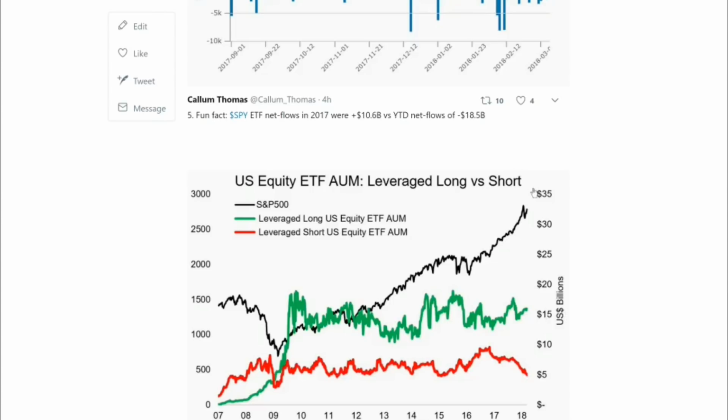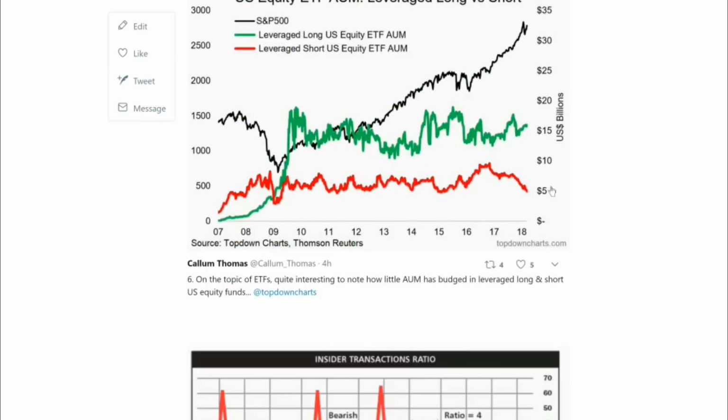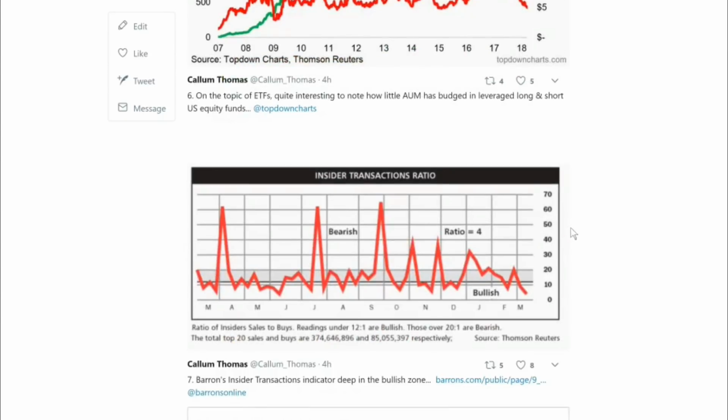It's one thing to take money off the table, to reduce exposure, but it's a very different thing to go outright short. And again, that speaks to the contrast with the short ETFs, which increased significantly after the 2015-16 corrections, because there was a bit more going on at that point.